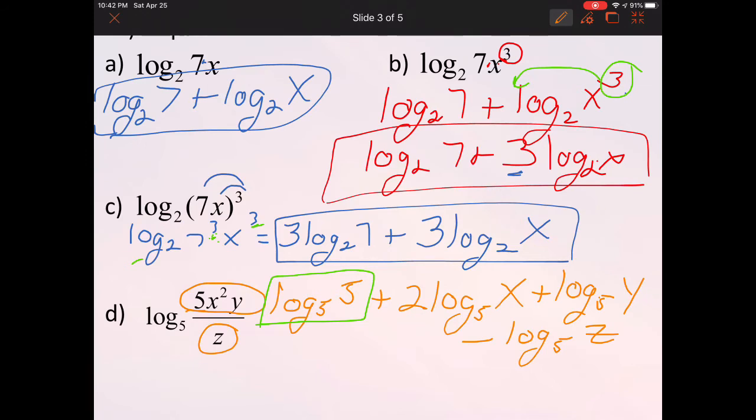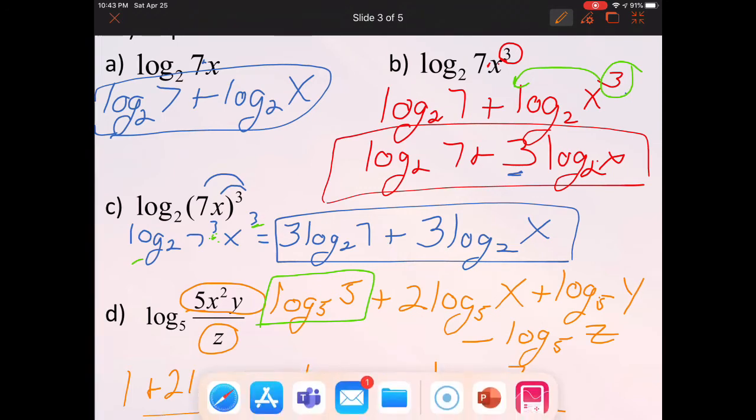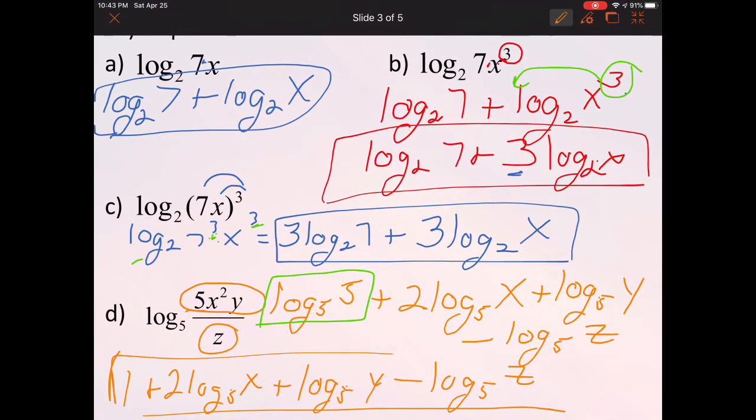So my answer will be 1 plus 2 log base 5 of x plus log base 5 of y minus log base 5 of z. Oh, there we go. All right, there's your answer. Now again, this was evaluated into a 1. So hopefully that works out. All right.